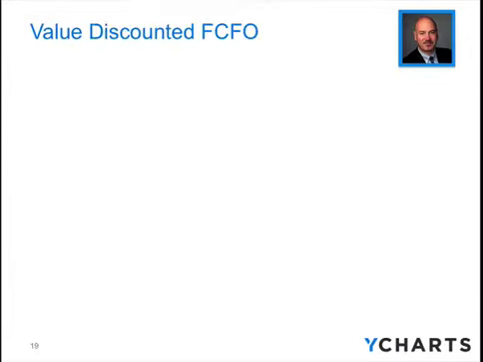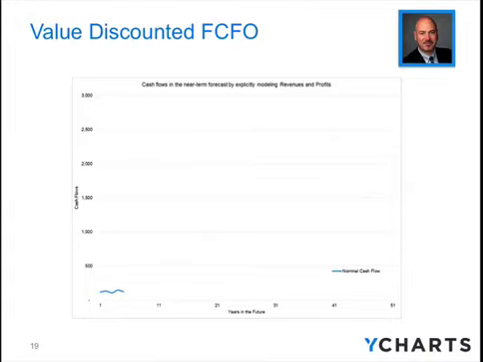So now let's turn to an actual discounted free cash flow model and see how these valuation drivers and valuation timing works. So here you can see in the bottom left-hand corner, the squiggly blue line represents my explicit projections for cash flow for this firm.